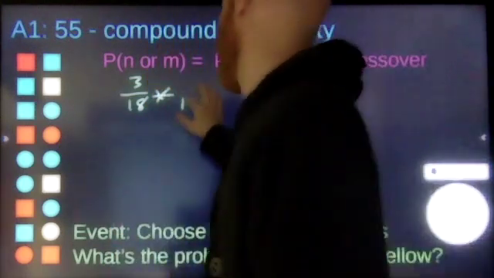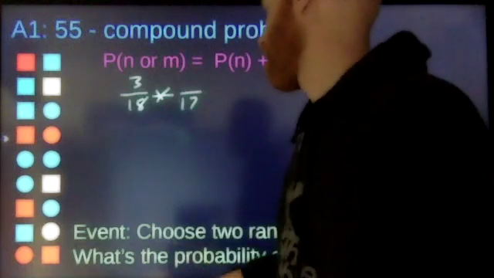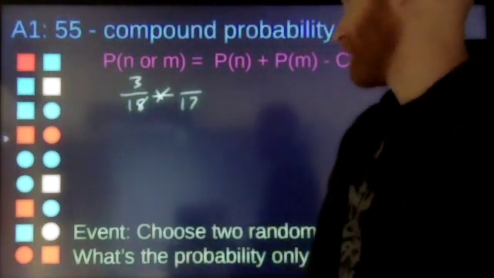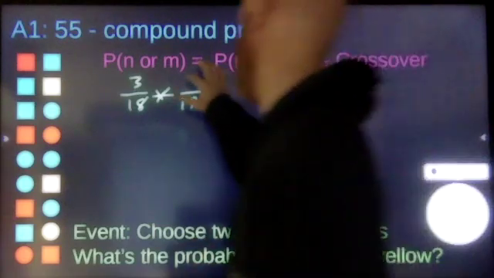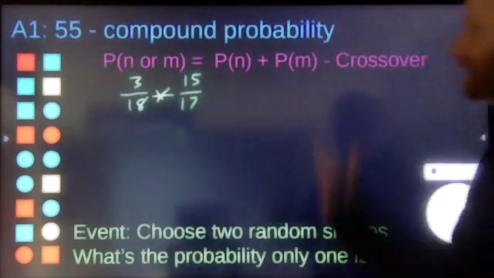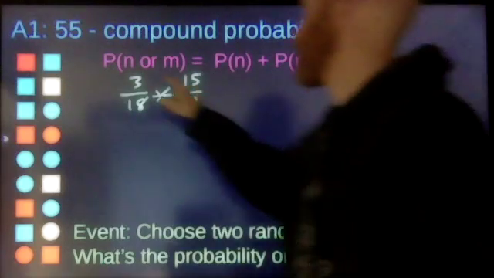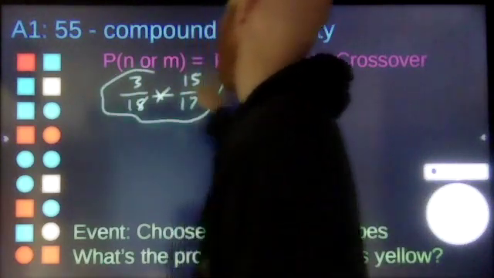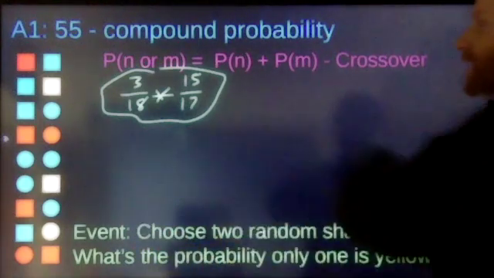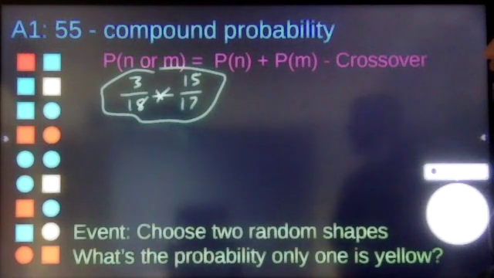That will be, after you've taken a yellow shape the first time, there will be 15 left that are not yellow. Okay, so this will represent the probability of taking a yellow shape first and then taking a non-yellow shape second.